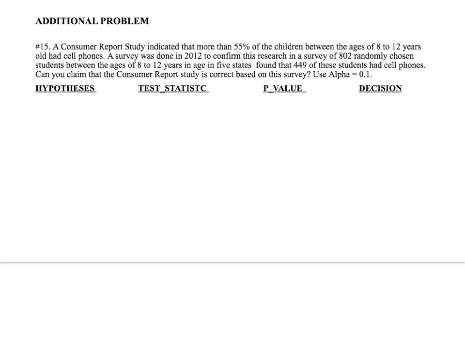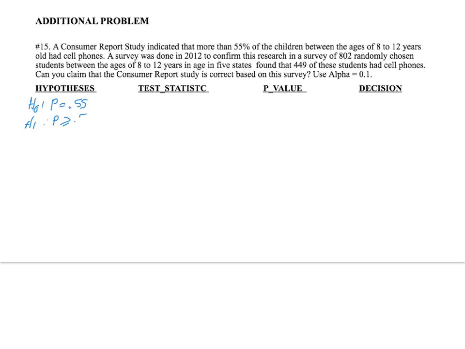So in this case, what we're trying to do is say their conclusion is greater than 55%. We're going to conclude the following, right? The null hypothesis is p is equal to 0.55, and the alternative is p is greater than 0.55.